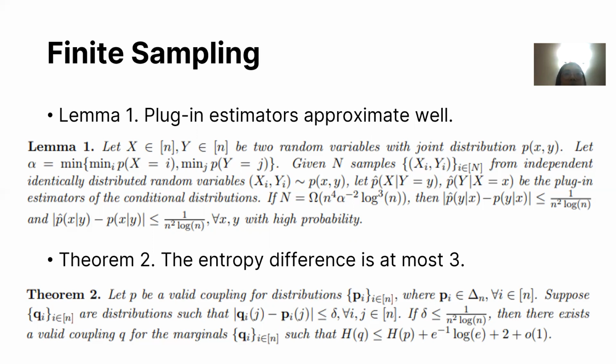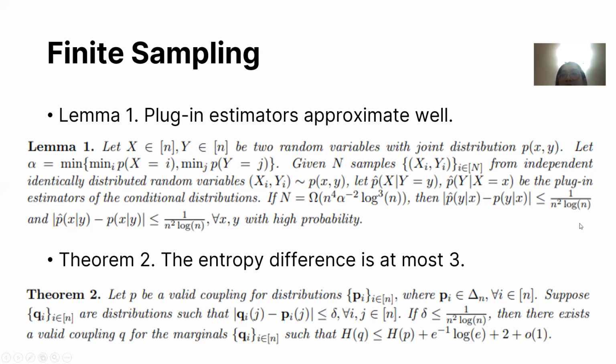So when the number of samples n is large enough, like n to the 4 times some power of log, then the conditional distribution and its estimator have their difference bounded by 1/n squared times log of n, and vice versa.